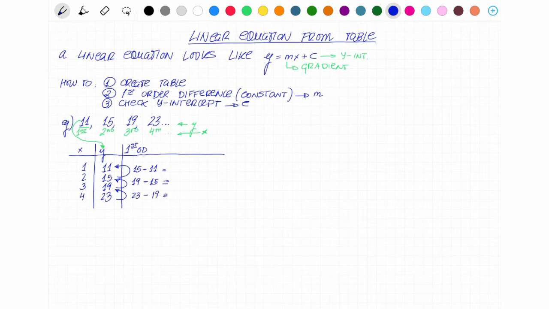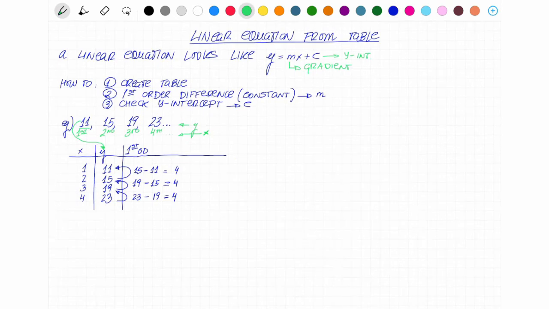So we do the first one, 15 minus 11, that is a 4. 19 minus 15, it's a 4 as well, and 23 minus 19, it's a 4. And that is a good thing because it's a constant, which means this is a linear.